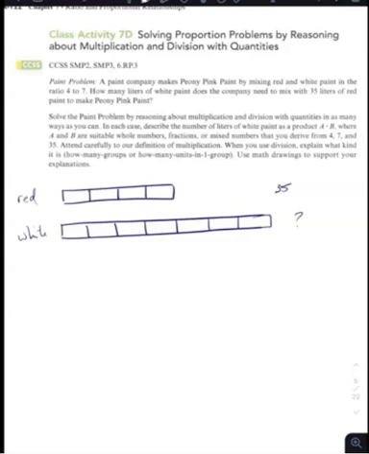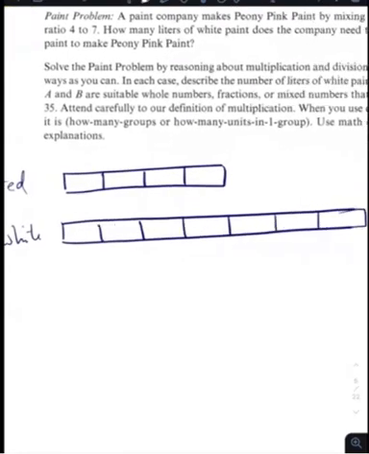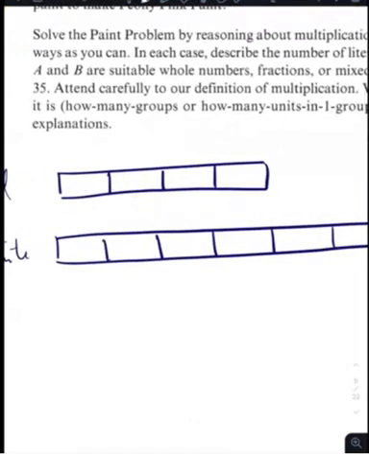So what we can do here is we could say, all right, well, there were 4 parts of red paint to 7 parts of white paint. So if we were to split the 35 between 4 parts, each one of these is 8 3/4.